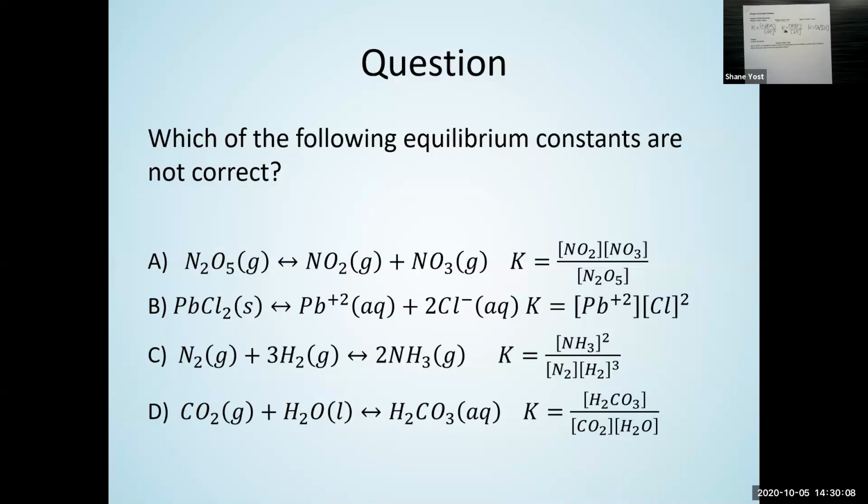Exactly. D includes water, H2O, which is a liquid, and that should not appear in the expression. So it should just be H2CO3 divided by CO2, with water never appearing. So D here is the only one that is not correct. All the other ones are the correct equilibrium constant expressions for those equilibrium reactions. Any questions about these?